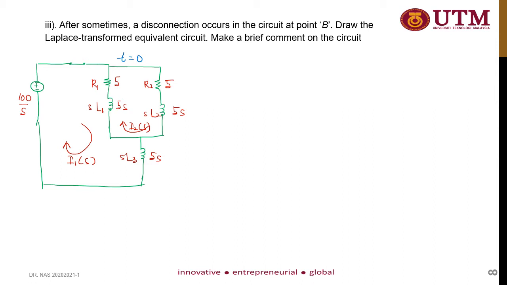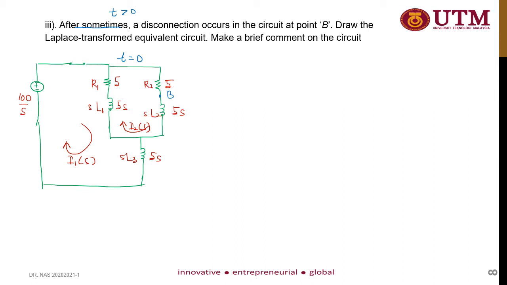Now after some time, meaning at t larger than 0, a disconnection occurs at point B. The point B is somewhere here. Disconnection means the circuit is open at this point. So what happens when there's a disconnection at point B?